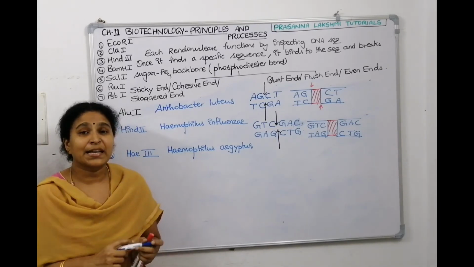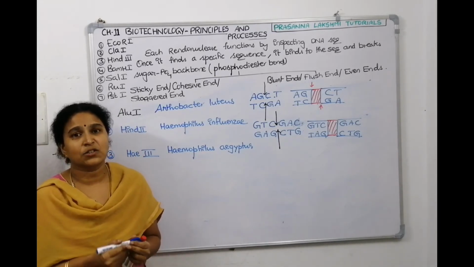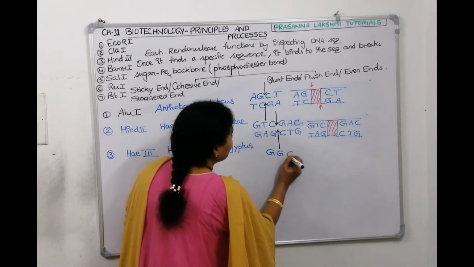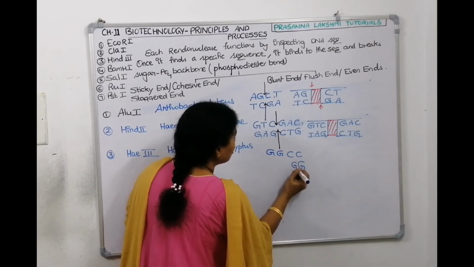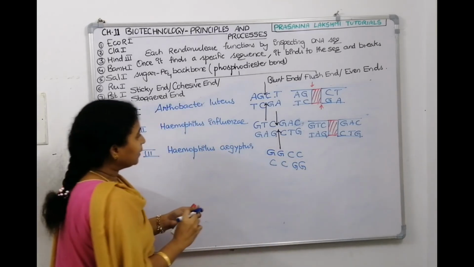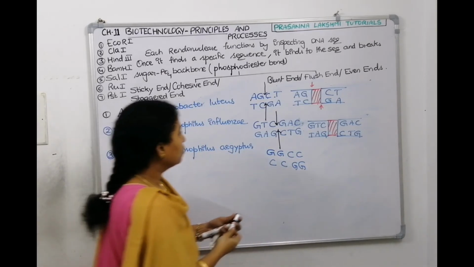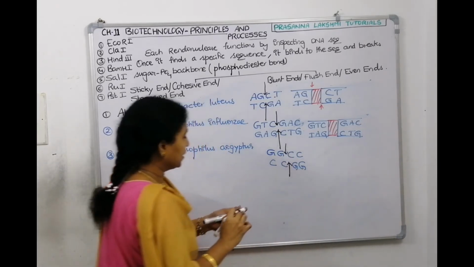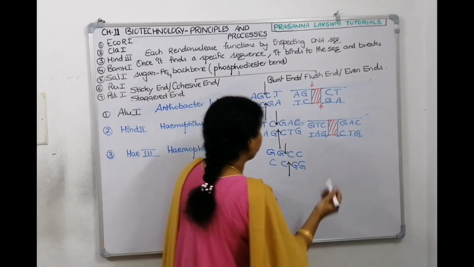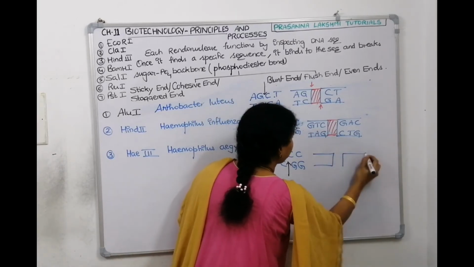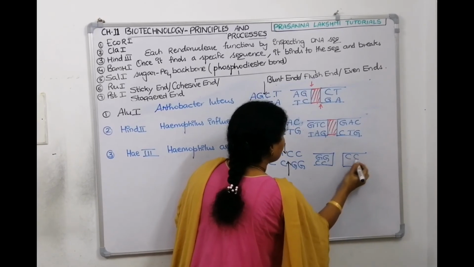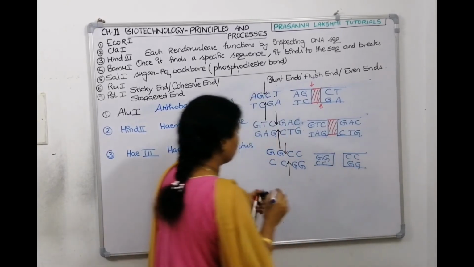Recognition sequence is a 4 base pair sequence GGCC. Easy. Blunt end, no? Center cut, no? Do that. This phosphodiester bond, this phosphodiester bond. Then we get blunt ends. GGCC. CC, GG. Don't want again.